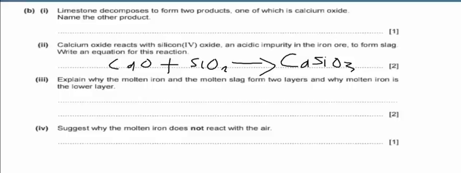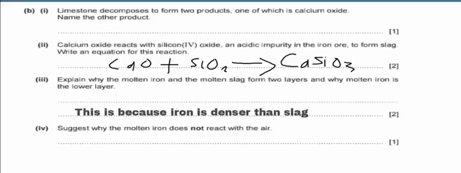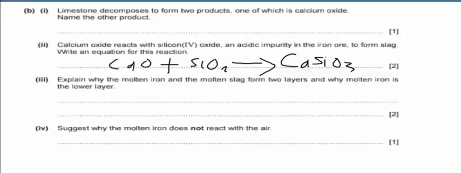So here the slag is called calcium silicate, and the use of slag, the first one you can say is used in building roads, or road construction. Then apart from road construction, we can also say in the manufacturing of cement and so on.